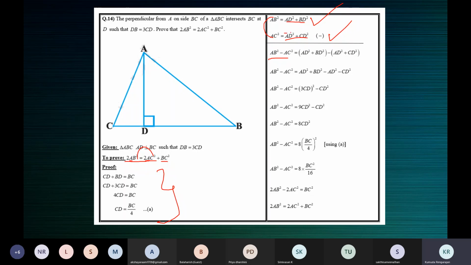It's the same. You can change the signs throughout in the second equation. It amounts to the same thing.